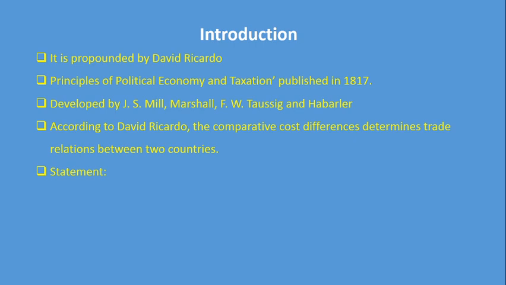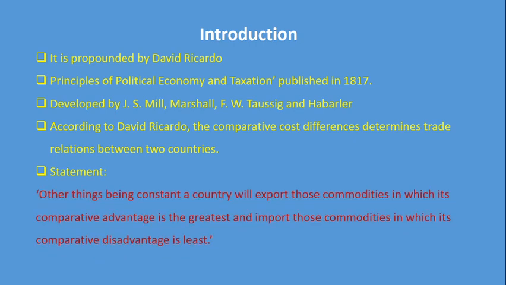This theory is stated as follows: other things being constant, a country will export those commodities in which its comparative cost advantage is the greatest and import those commodities in which its comparative disadvantage is least.